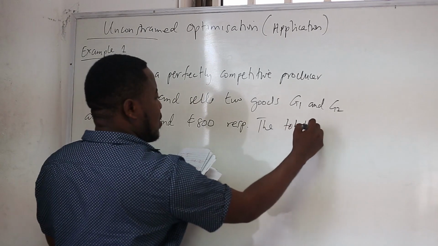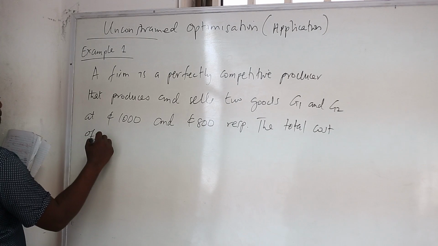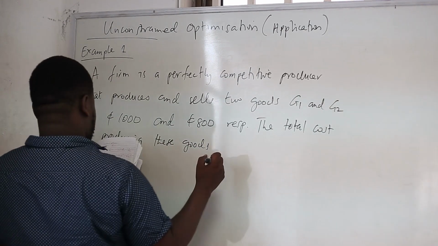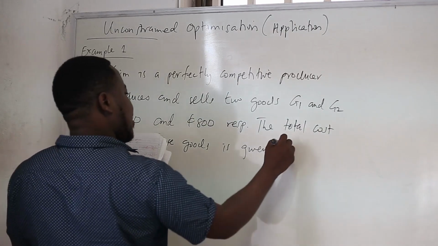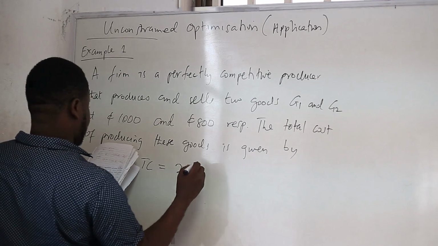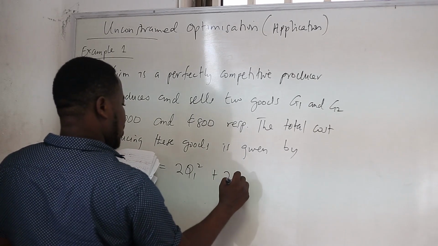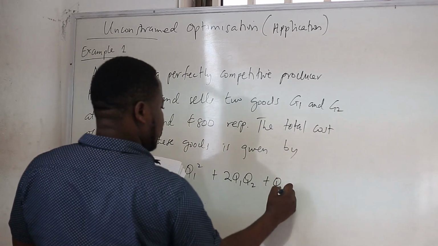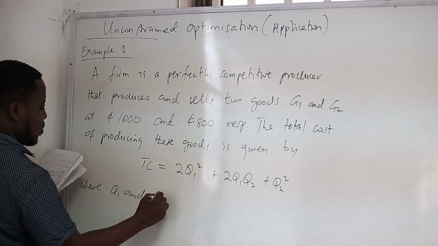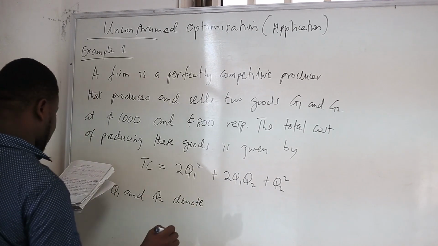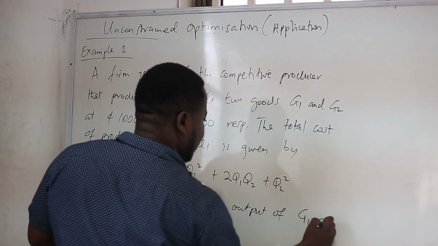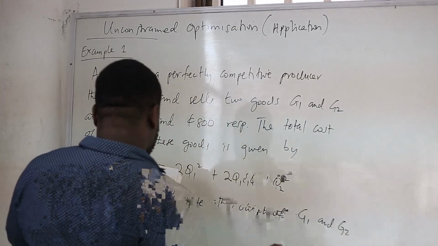The total cost of producing these goods is given by TC is equal to 2Q1 squared plus 2Q1Q2 plus Q2 squared, where Q1 and Q2 denote the output of G1 and G2 respectively.